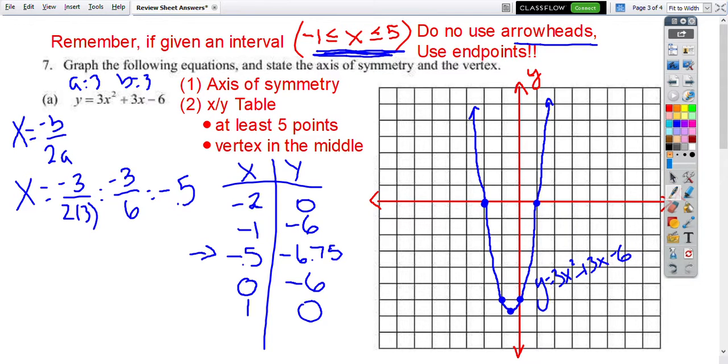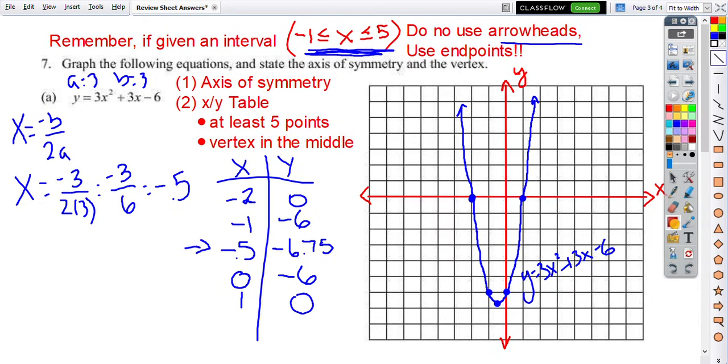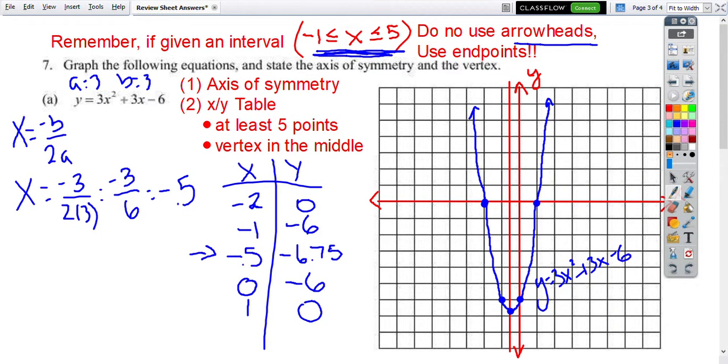Okay, the axis of symmetry, if it asked us to draw it, we're going to go straight down through this negative 0.5 right there. That's the axis of symmetry. Let's give it a different color.